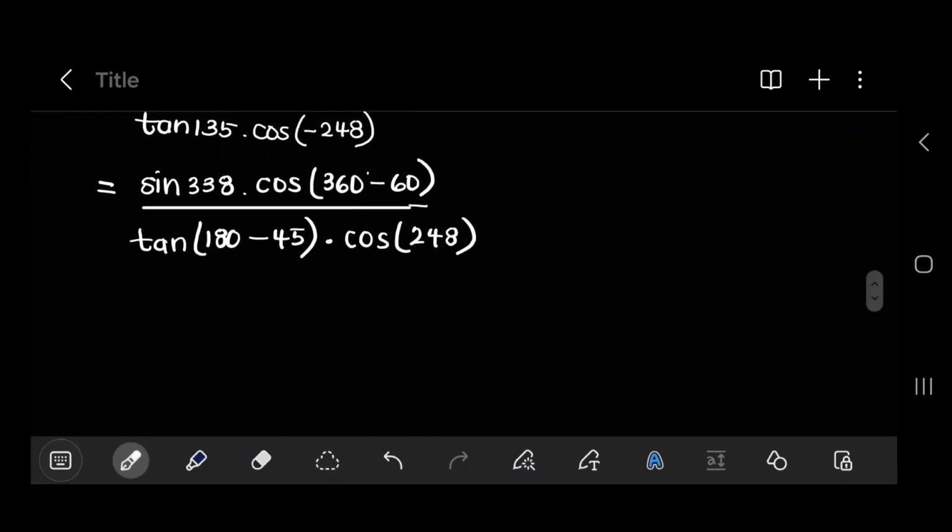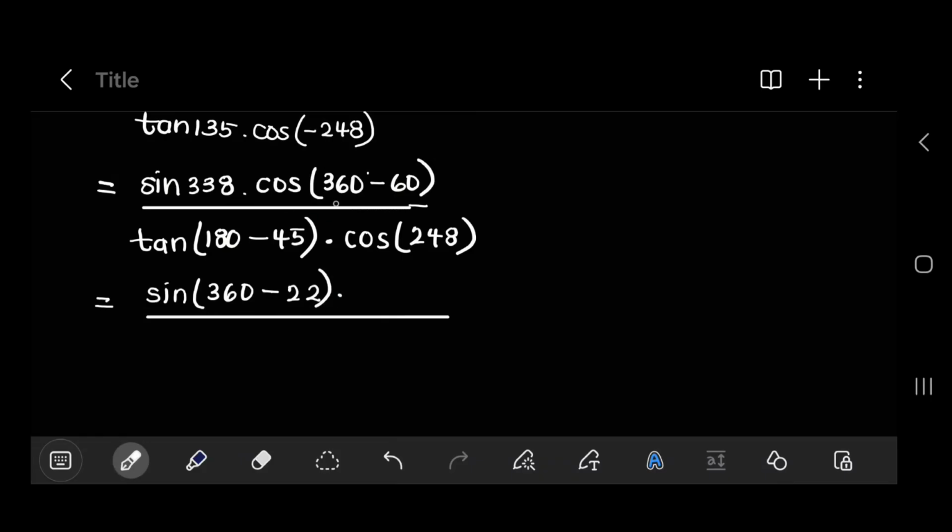In the next step, I'm going to simplify that sine 338. 338 lies in the fourth quadrant. So let's use 360 minus, and that's going to be 360 minus 22 degrees.